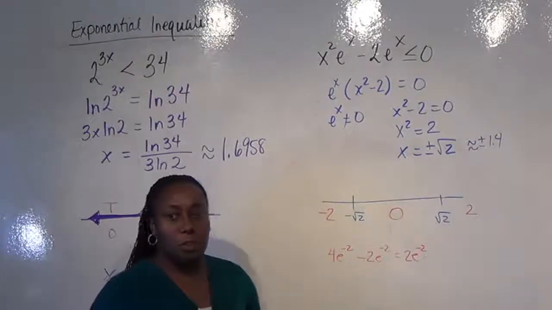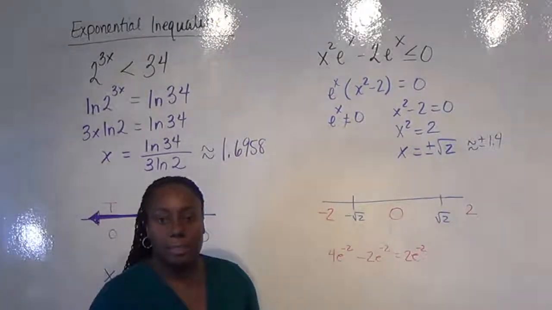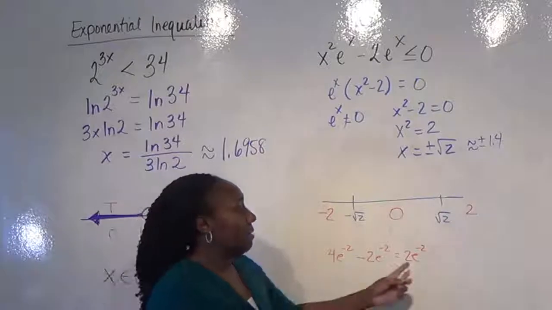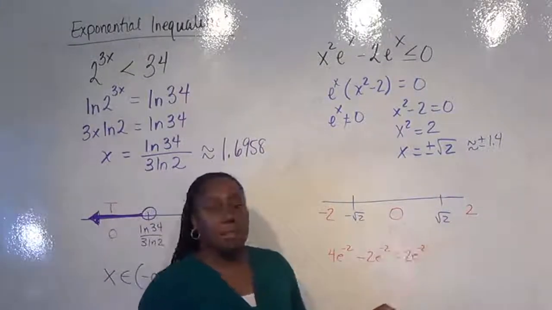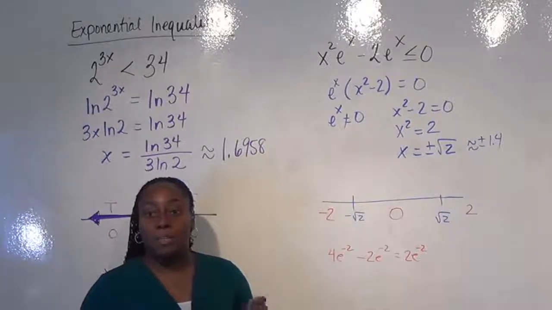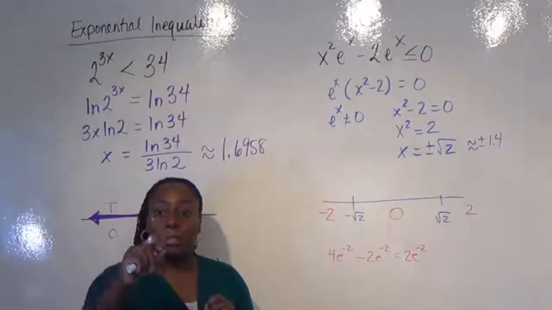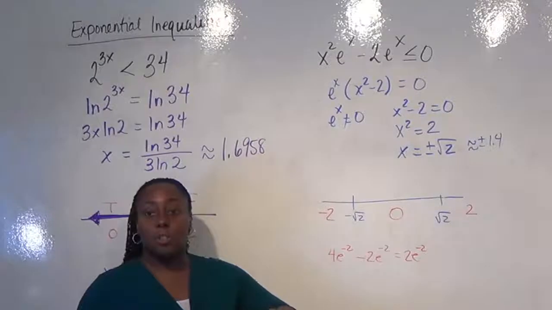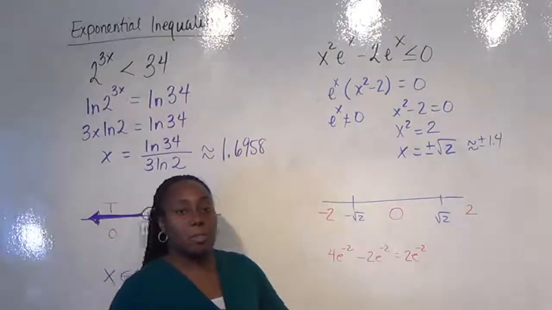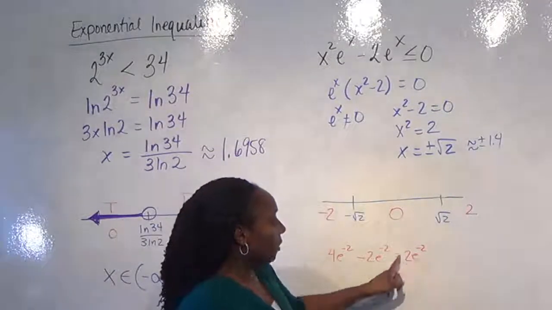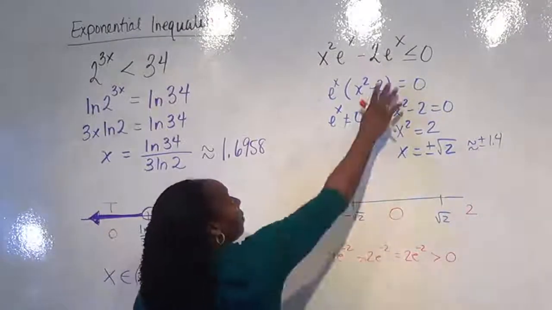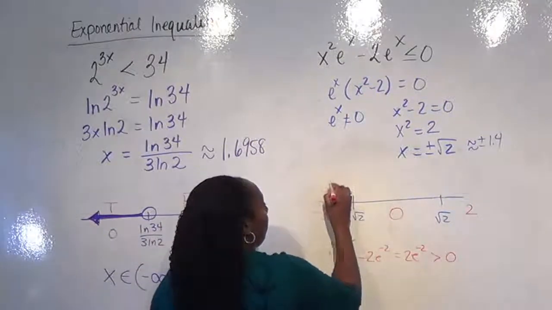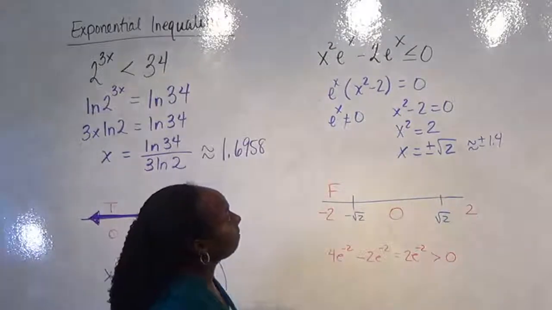I need to know if it's bigger than 0 or less than 0. This is where your properties come in handy. For e to the x, the base is bigger than 1, so it's increasing. But more importantly, the range is always positive. It's always 0 to infinity. So this value is greater than 0. So in terms of our equation, that's going to be false.